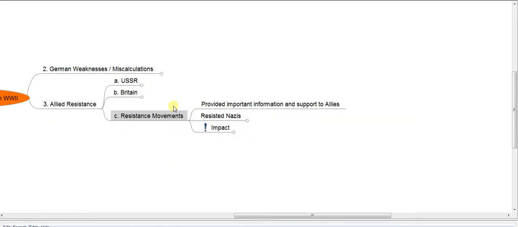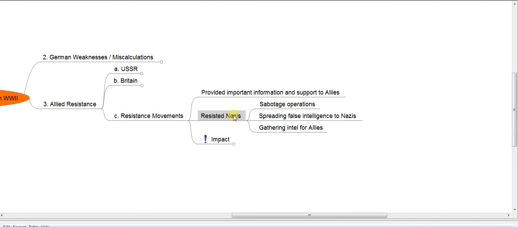So what happens with the resistance movements? They played a very important part in defeating Germany. One of the things they did was to provide important information and support to the Allies, such as gathering intelligence so the Allies knew, for example, when and where to attack.